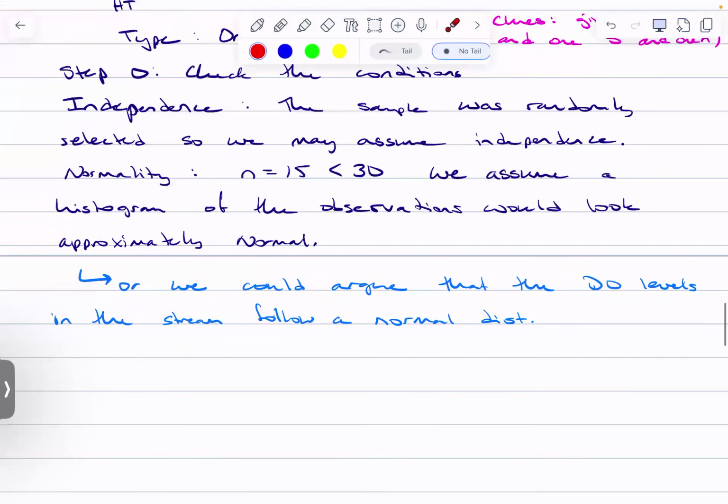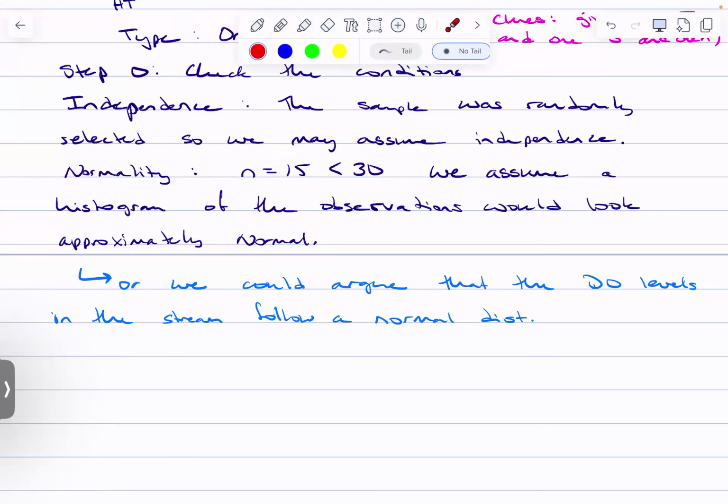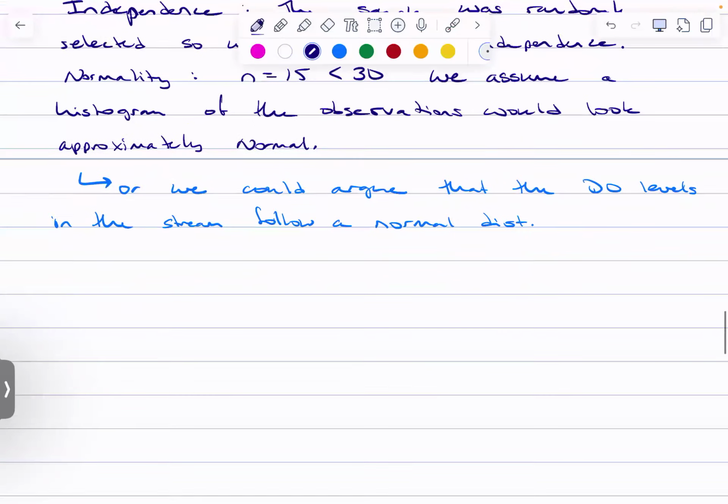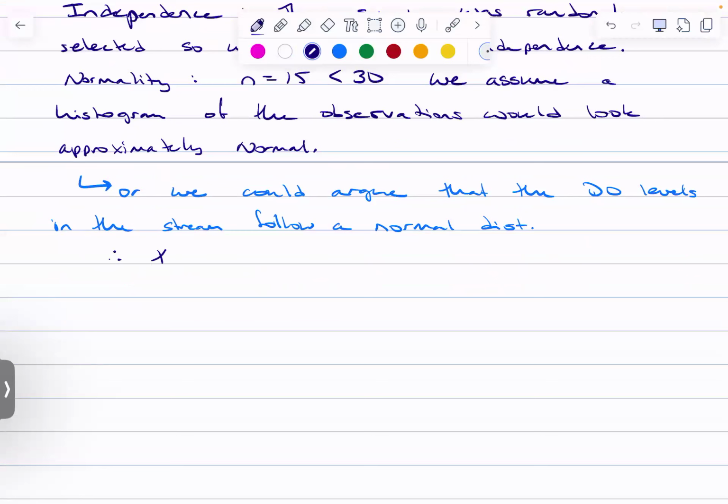But effectively, we make a histogram of our observations and argue that it looks approximately normal, and then that implies that it came from a normal population. Okay, conditions. Therefore, the conditions for inference are satisfied. We move on with our lives.